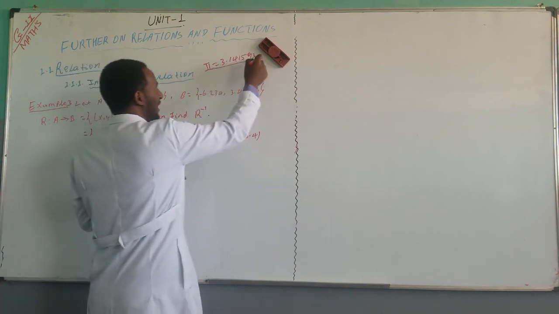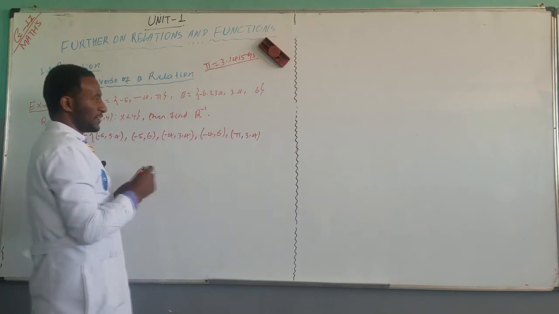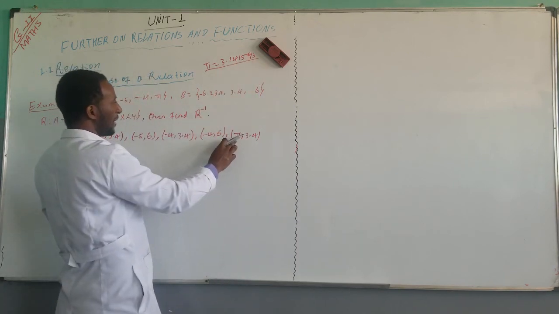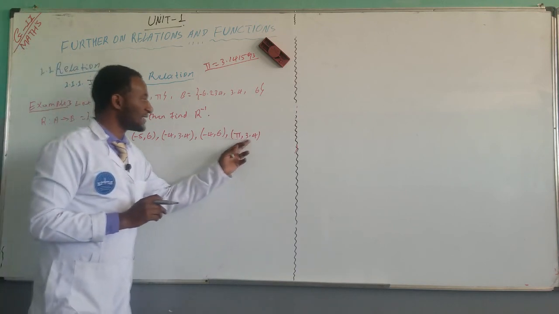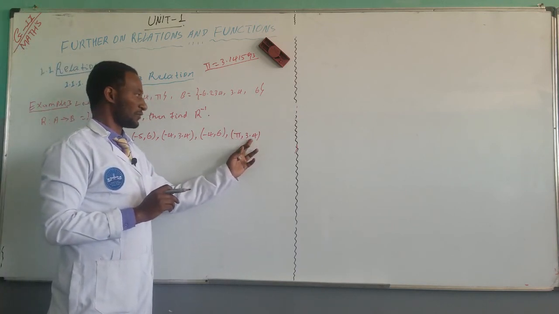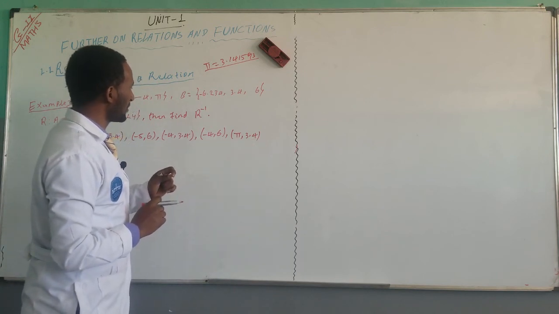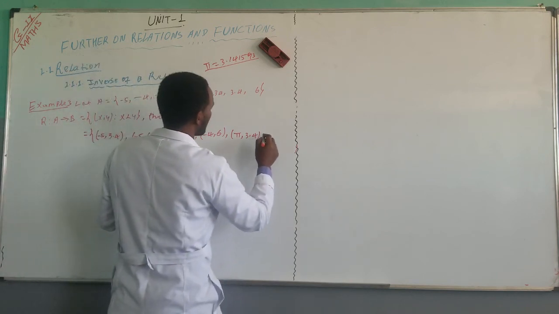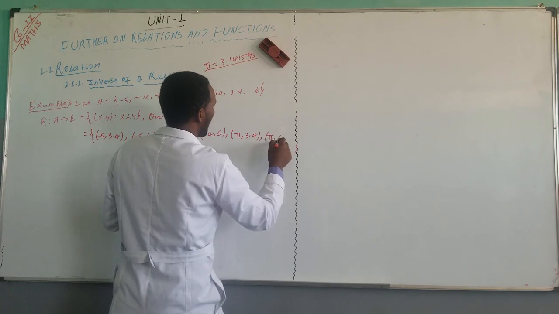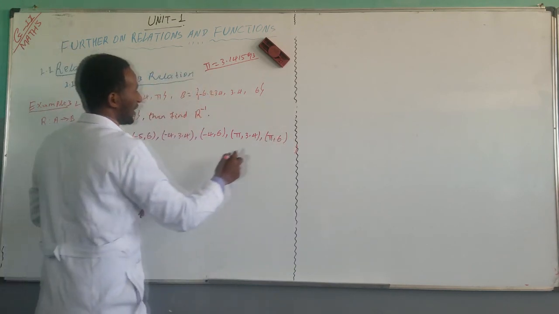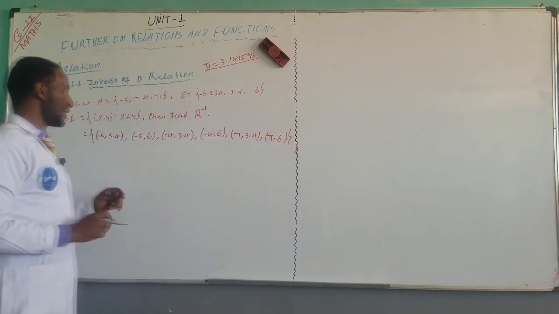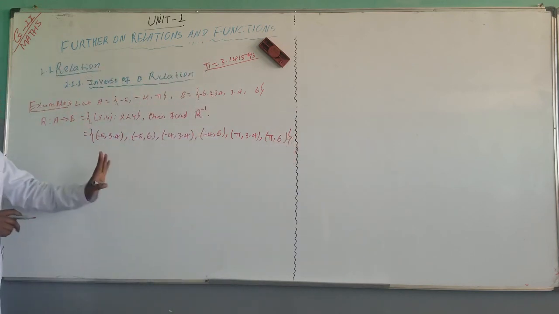Therefore (pi, 3.4) because pi is less than 3.4. Therefore we can form this ordered pair. Also we can say (pi, 6) because pi is less than 6. Then this is our relation R.